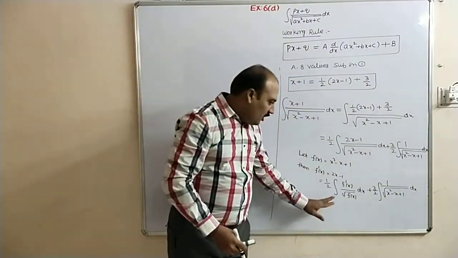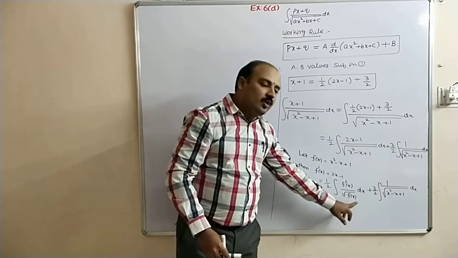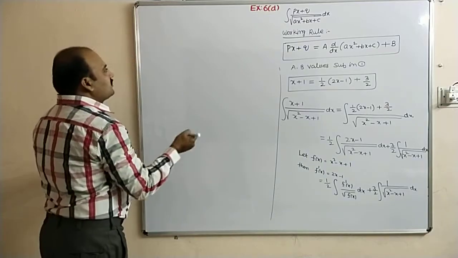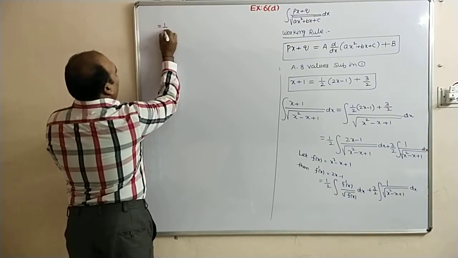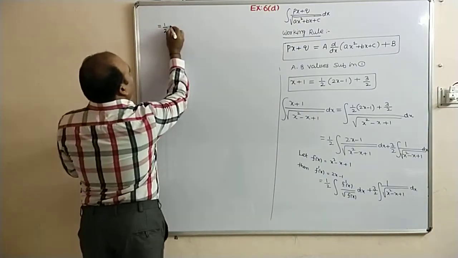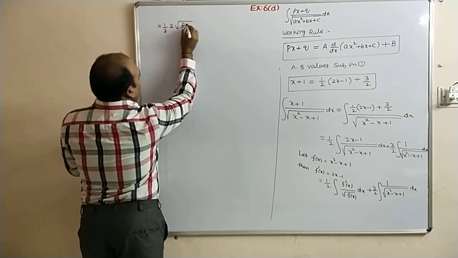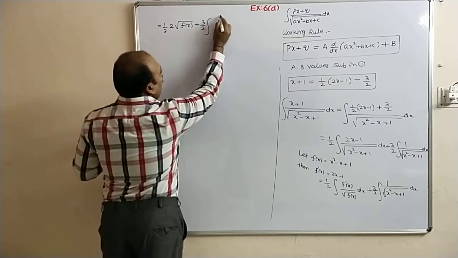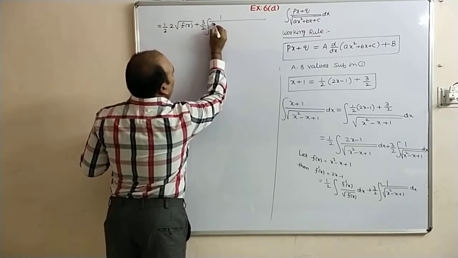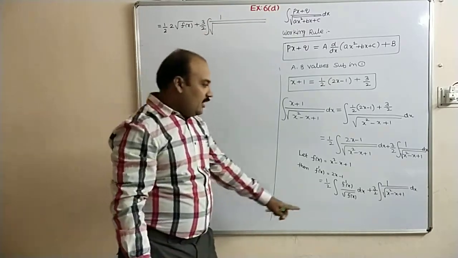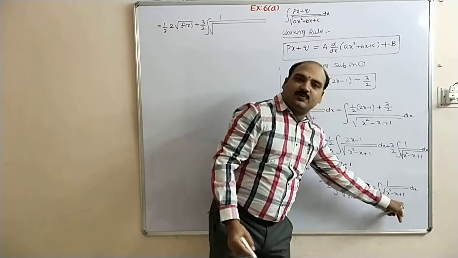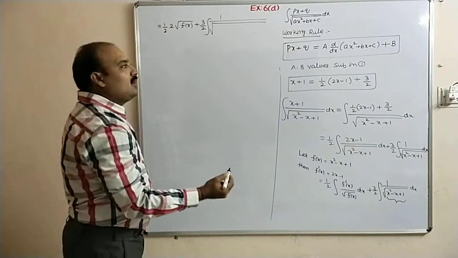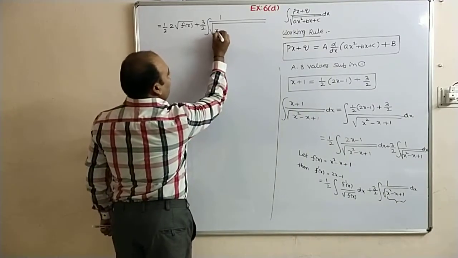After that we have the formula: integral f dash of x by root f of x dx is 2 root f of x. So this becomes 1 by 2 into 2 root f of x, plus 3 by 2 into the integral 1 by the square root of, here this x square minus x plus 1 we have to make a perfect square by adding and subtracting half of the square of the x coefficient.